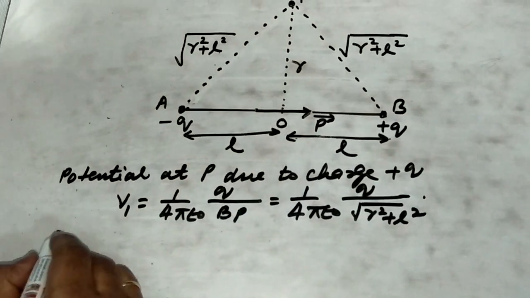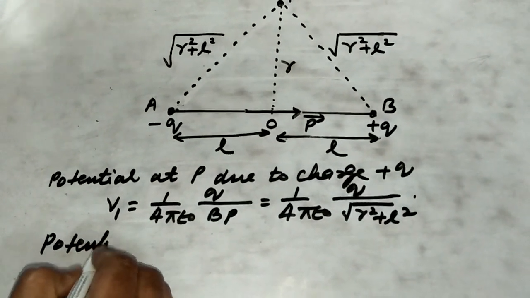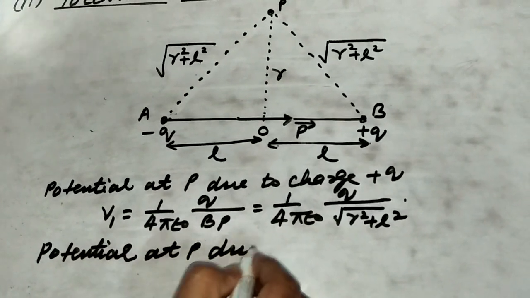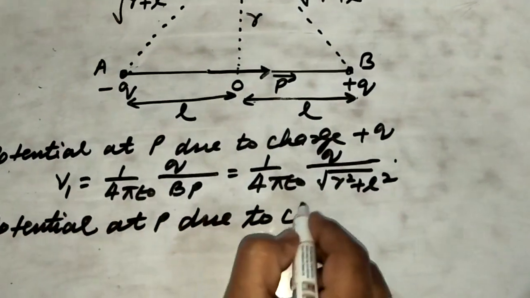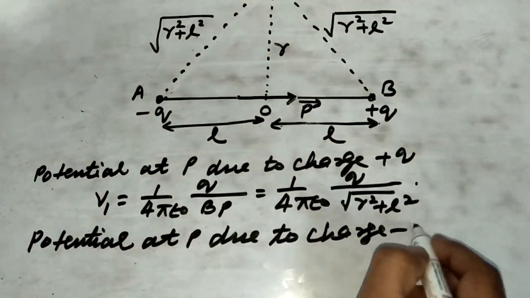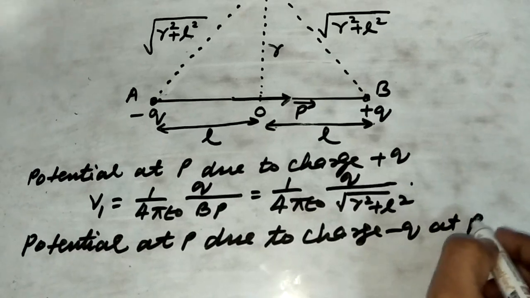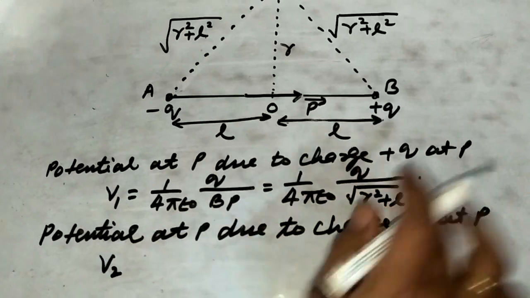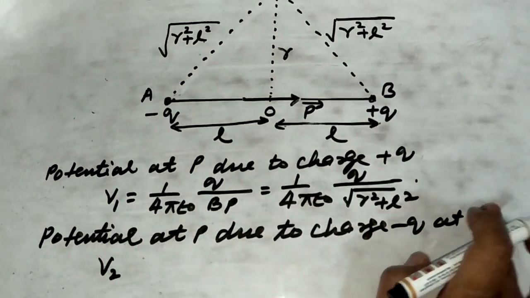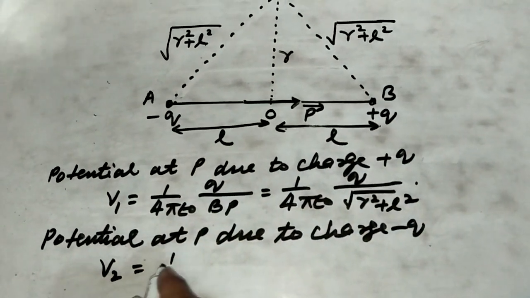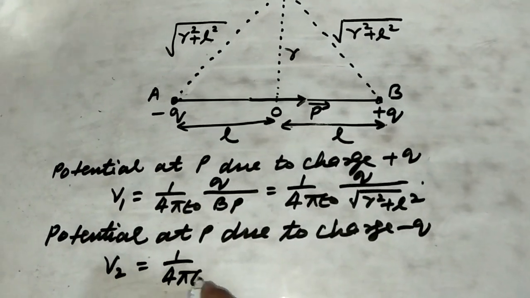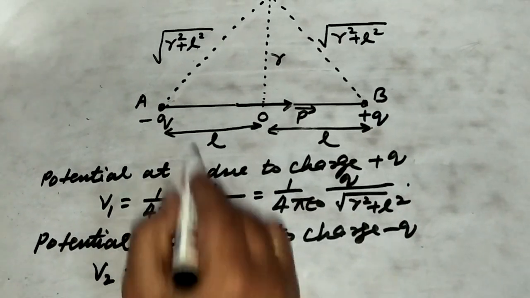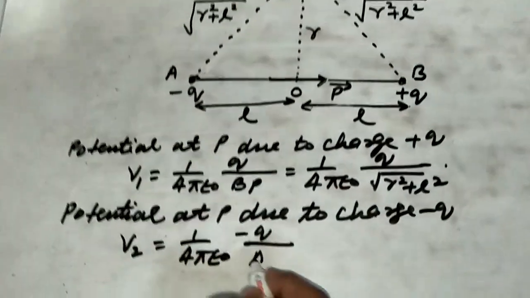And in the same way, the potential at P due to charge minus Q, we can write V2 is equal to 1 upon 4 pi epsilon naught, and here we consider the sign of charge, minus Q upon this distance AP.